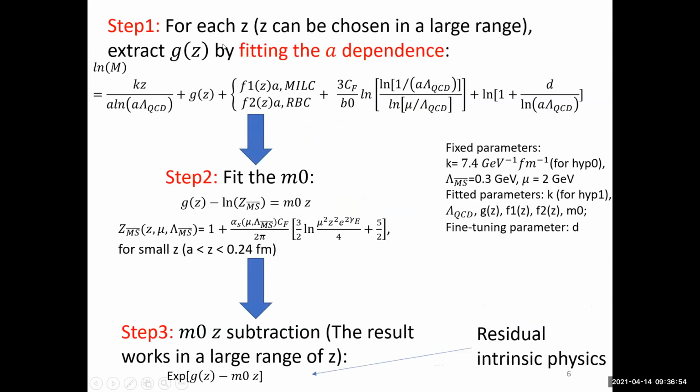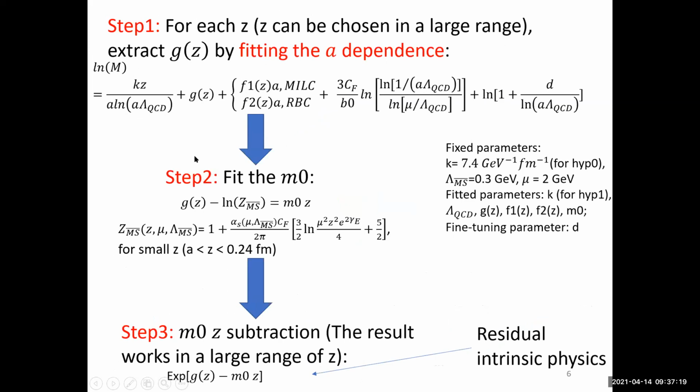Here are the 3 steps of the self-renormalization method. For each z, we use this fit function to fit the a dependence to extract G_z. Here we treat lambda QCD as a global fit parameter, and G, f1, f2 are fitted parameters. We can get G_z after the fit.